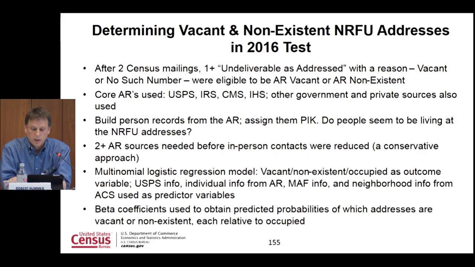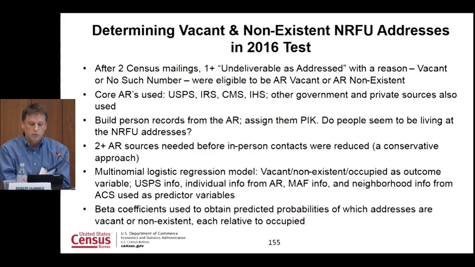The administrative records used were these codes from the USPS as well as others that Tom highlighted, like from the IRS, Medicare, and so forth. Then they built person records from the administrative records, assigning a personal identification number and trying to figure out whether people seem to be living at these NRFU addresses.